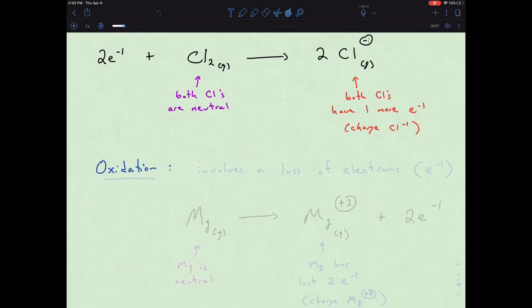Oxidation is the opposite process. Instead of gaining of electrons, we're now talking about a loss of electrons. And there's our complementary chemistry that we're going to start to see in this area of electrochemistry. So an example of this could be looking at magnesium.